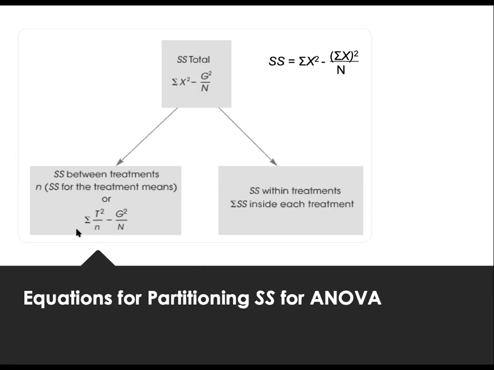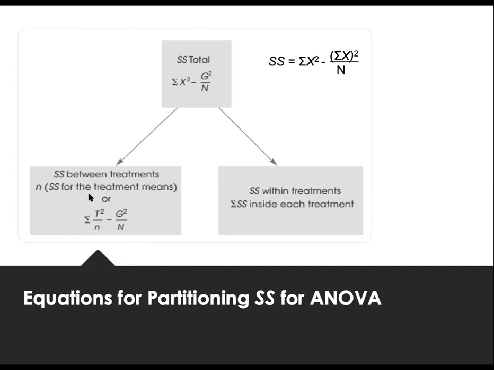You can also use this formula, and I encourage you to use this formula to check your work, okay? So you should be able to just plug in, we already know T squared divided by little n, minus G squared over big N, and you're going to add that up. I'm sorry, add up all the T squared over n minus G squared over N. You should be able to use this formula to compute sum of squares between treatments, and when you add that value to the sum of squares within treatments, you should get the sum of squares total.